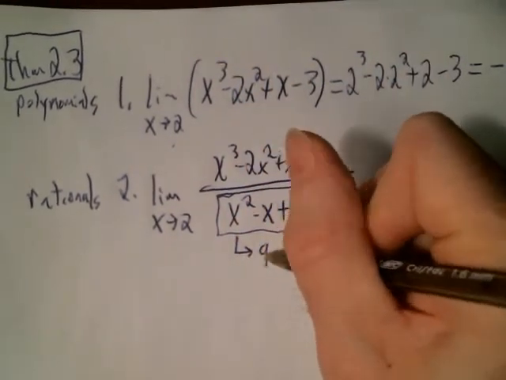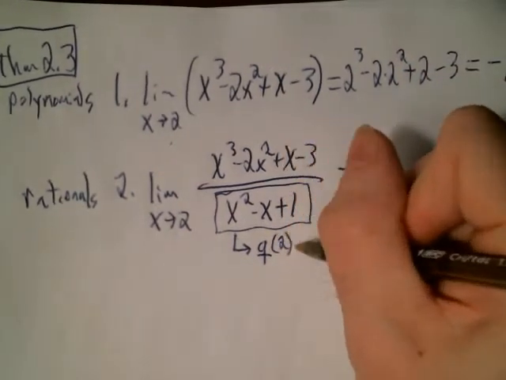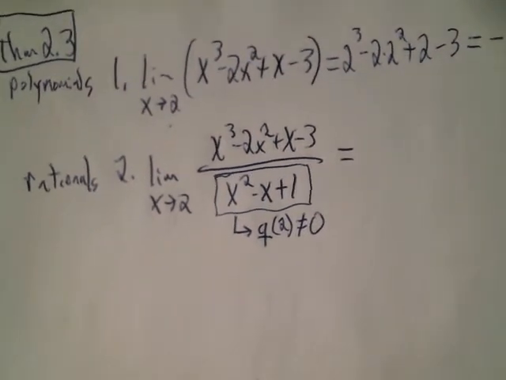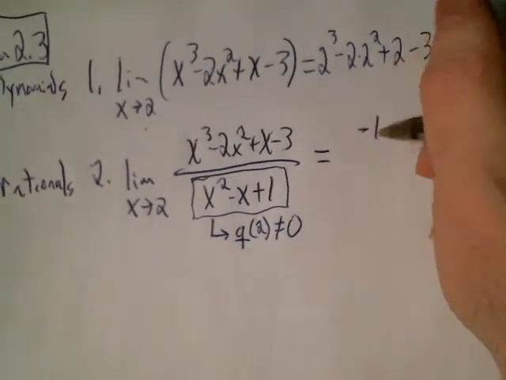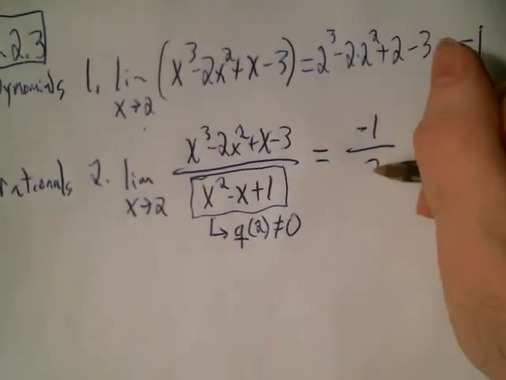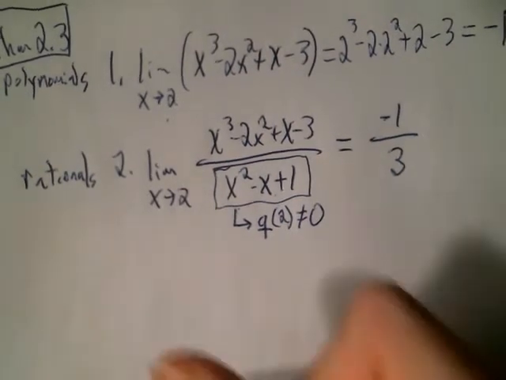Maybe we could call that polynomial q of x, and we know q of 2 is not 0, so therefore we could do a straight substitution. The numerator is -1 from before. The denominator: 4 minus 2 is 2, plus 1 is 3. So our limit is -1/3.